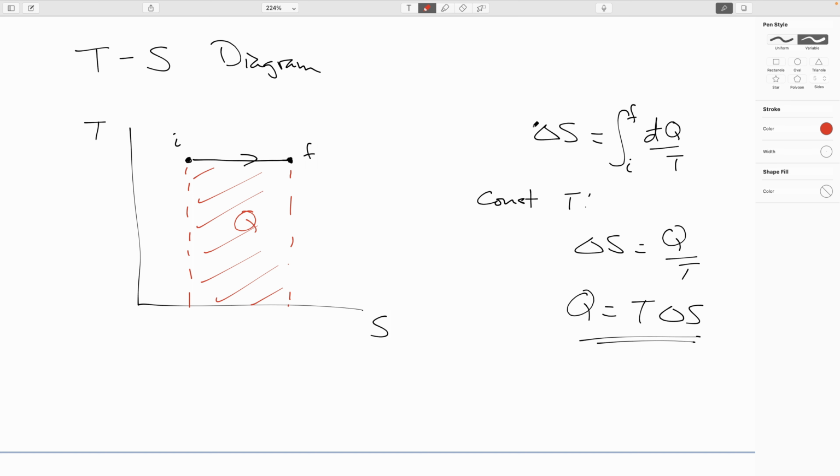So if it's going left to right, that's heat going in. And if we're going from right to left, that's heat going out of the engine.